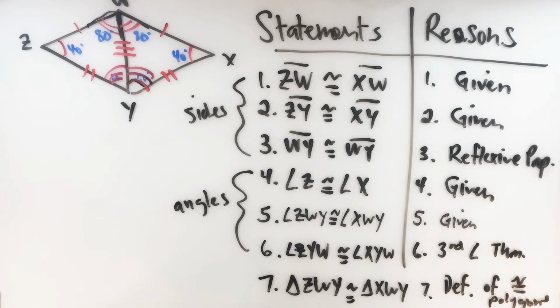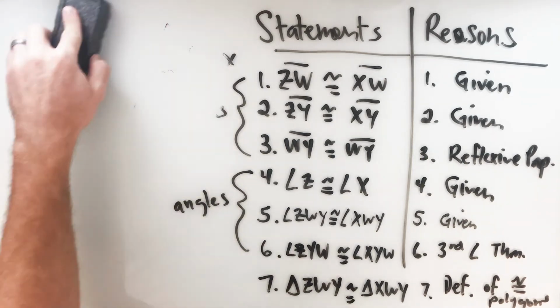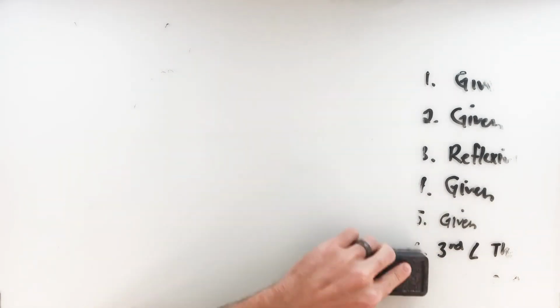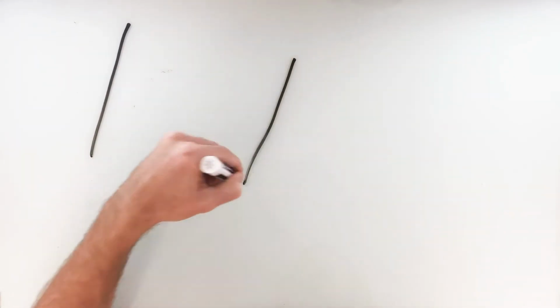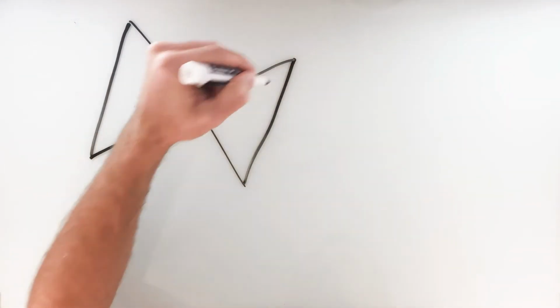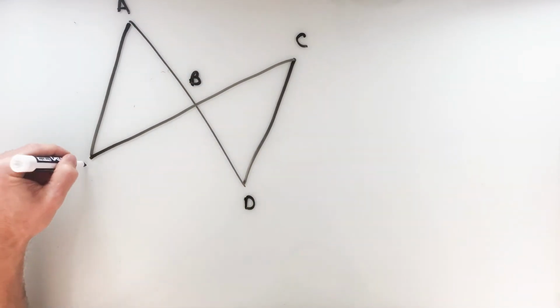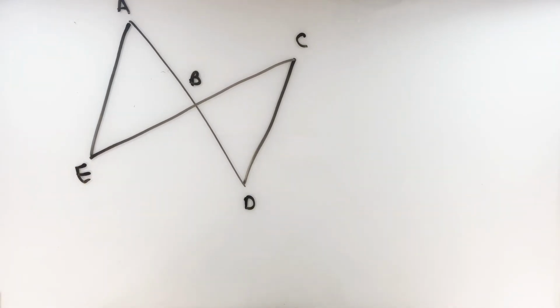Okay, we're going to do one more example. We won't go through the whole rigmarole of the two-column proof on this next one, but we'll still systematically go through each step. So for our last example here, we're going to have two triangles that look like this.